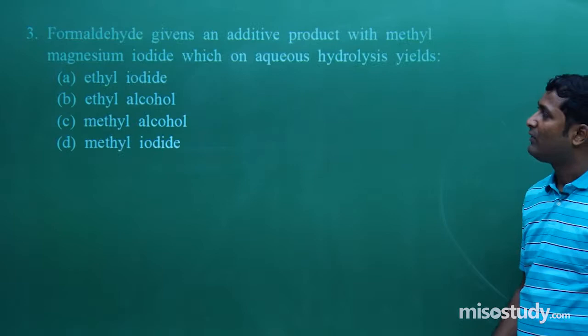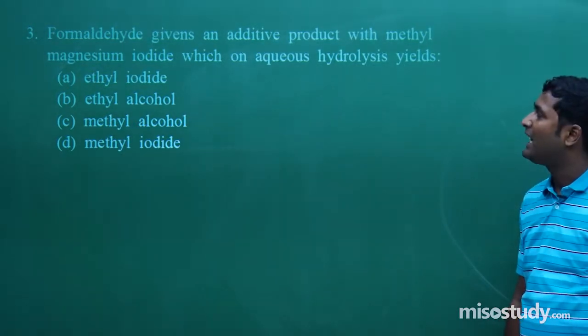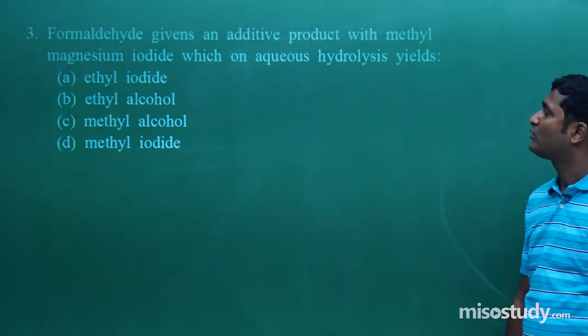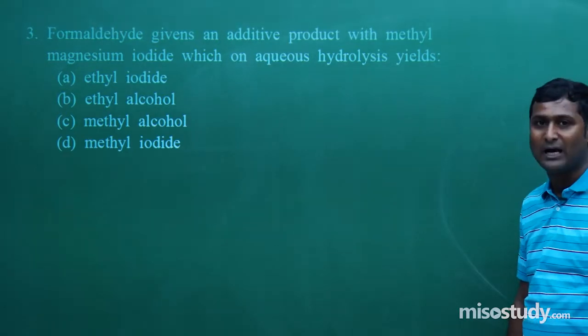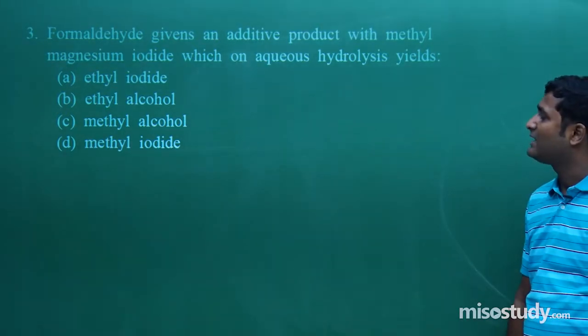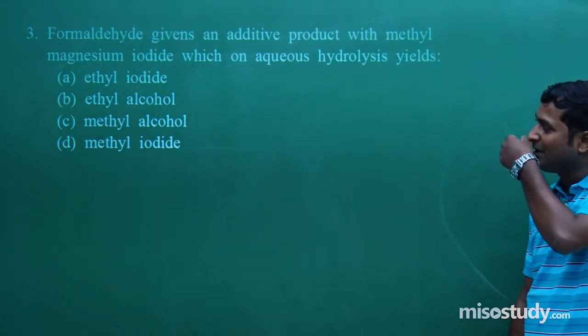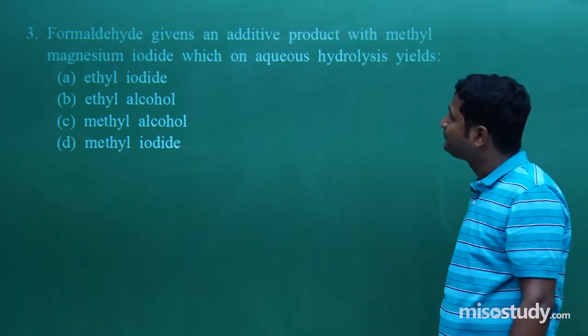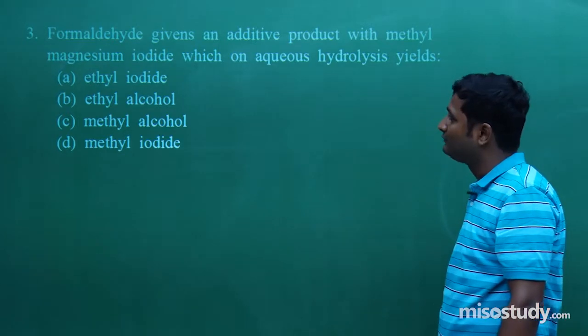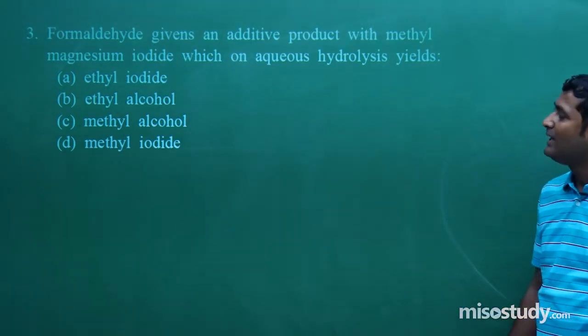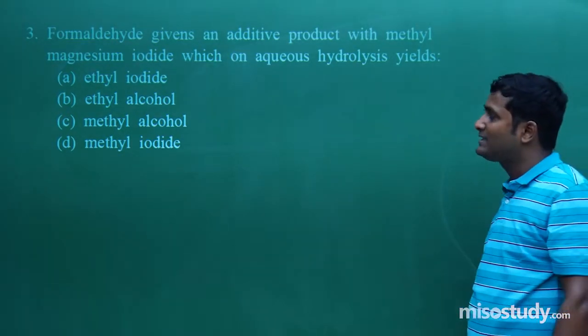CH3CHO. Yes. For question number 3, formaldehyde gives an additive product with methyl magnesium iodide, which on aqueous hydrolysis gives, as I told you, ethyl alcohol. As I remember, it gives you ethyl alcohol. So B is the correct option.